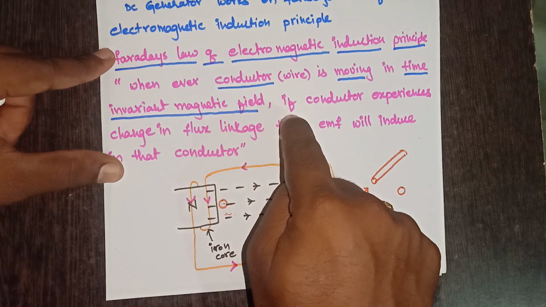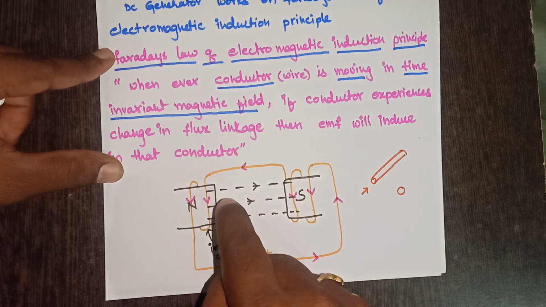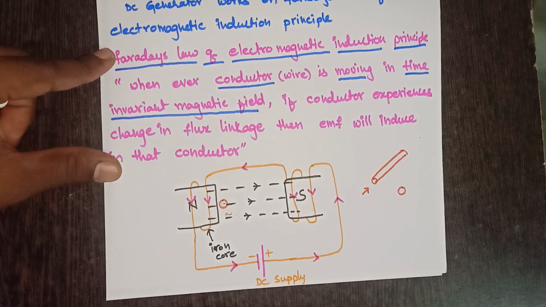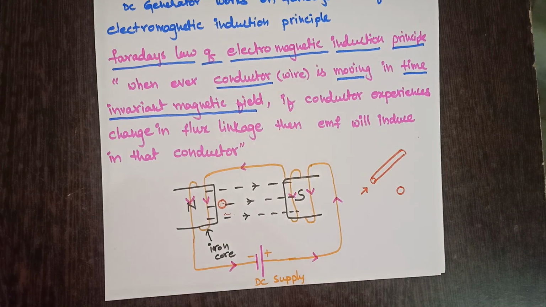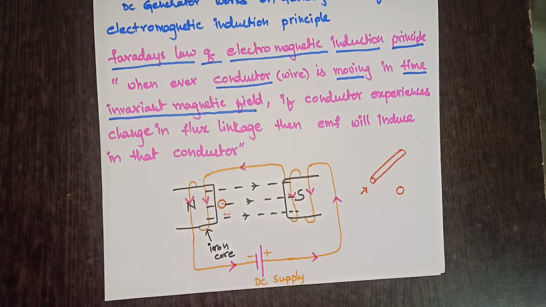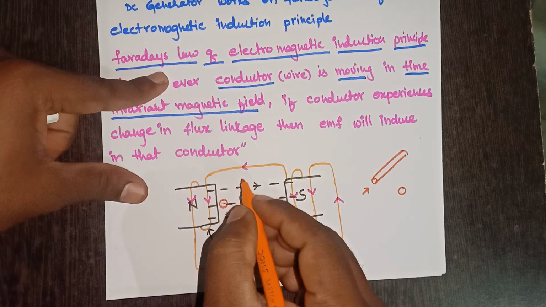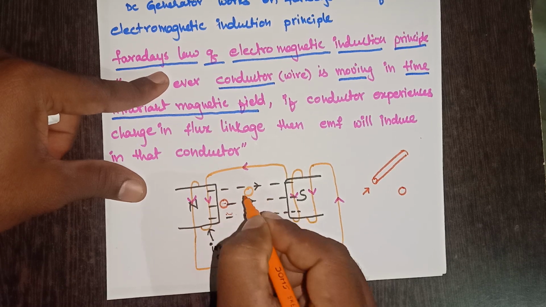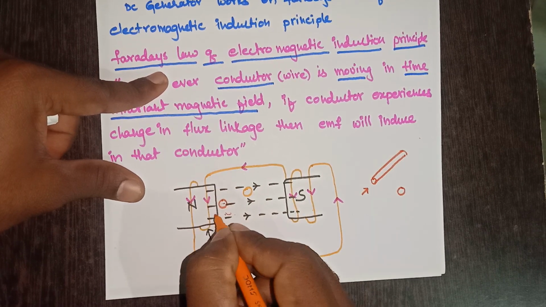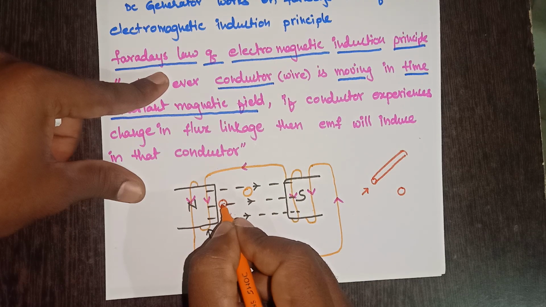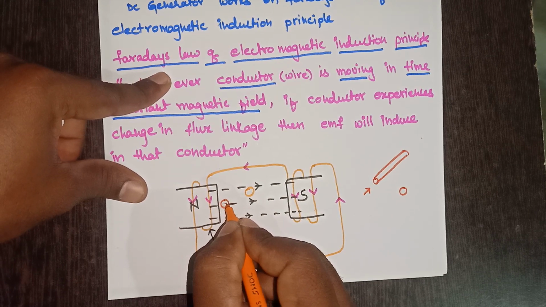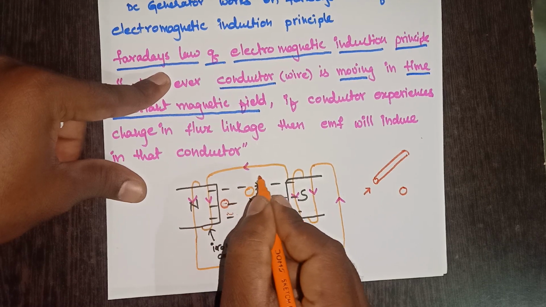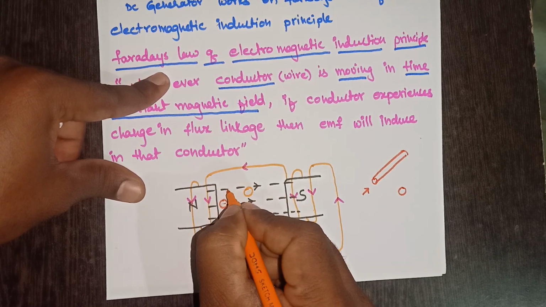Why am I saying "if" here? Sometimes your conductor may be at this place, right? See, this is one more position of the conductor, while rotating from one place to another in this circular fashion. At one instant the conductor may appear here, then after some time the conductor may come to here.